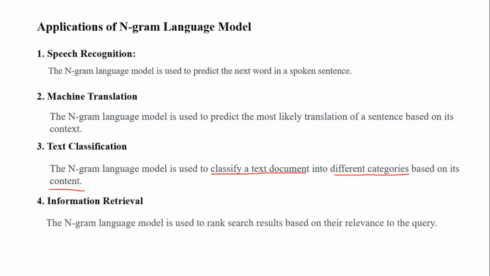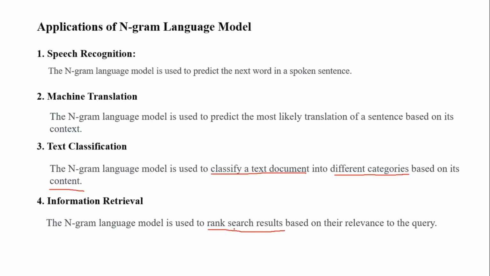And one more example is information retrieval. So in order to retrieve multiple documents based on the given query, this model is used to rank search results. Say there are 5 documents. The document which has the highest rank will be displayed or retrieved first.